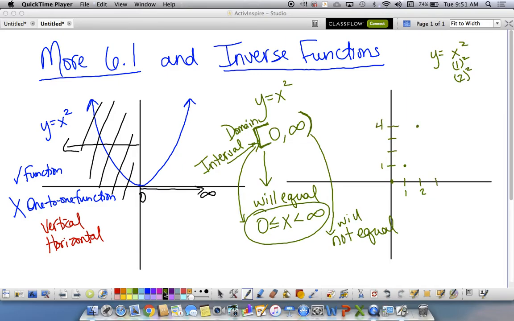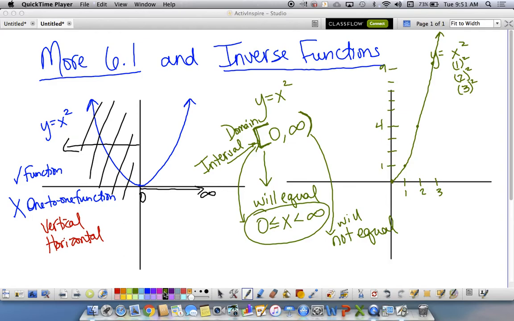If I plug in 3 for x, I get a 9. I'm going up exponentially. There's a 9, way up here, I'm off of my graph. Is it going to keep going exponentially until x gets to infinity? That's why we draw the arrow.